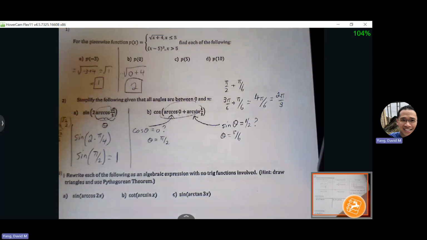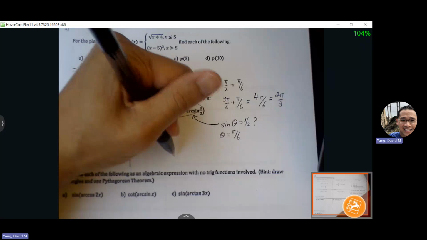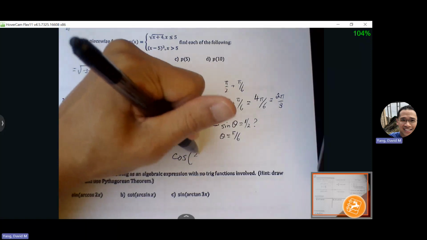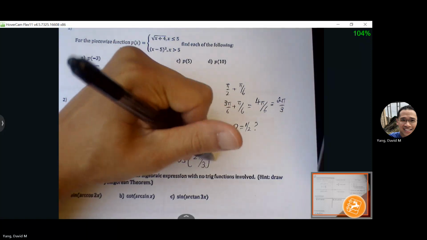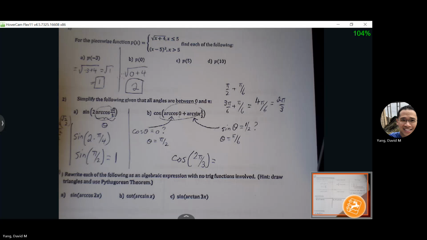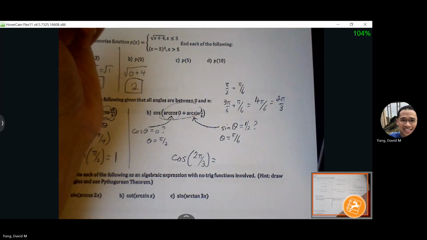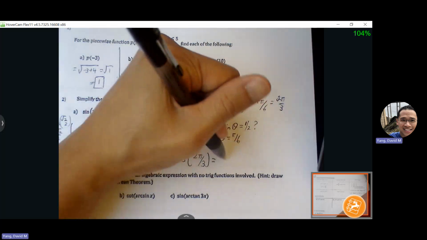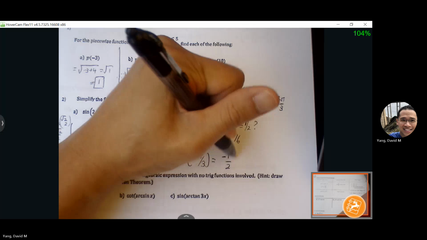So now we can replace this whole thing with 2 pi over 3, and now we can ask the question, what's cosine of 2 pi over 3? We know cosine of pi over 3 is 1/2, but second quadrant cosine will be what, positive or negative? Negative, right? So -1/2.